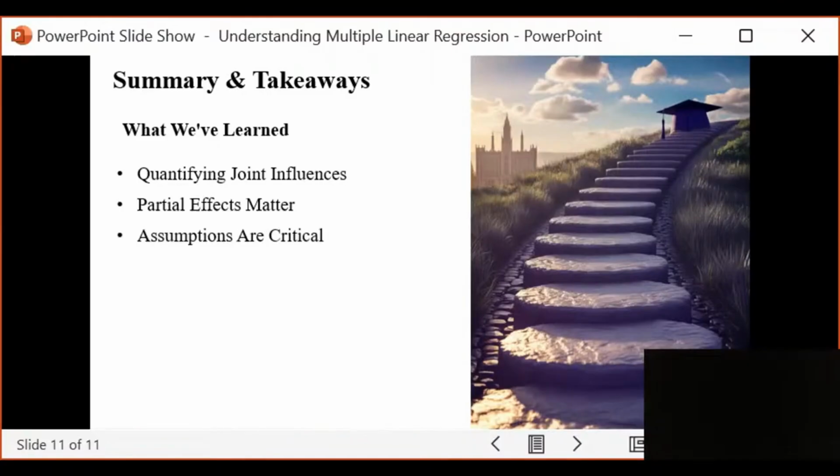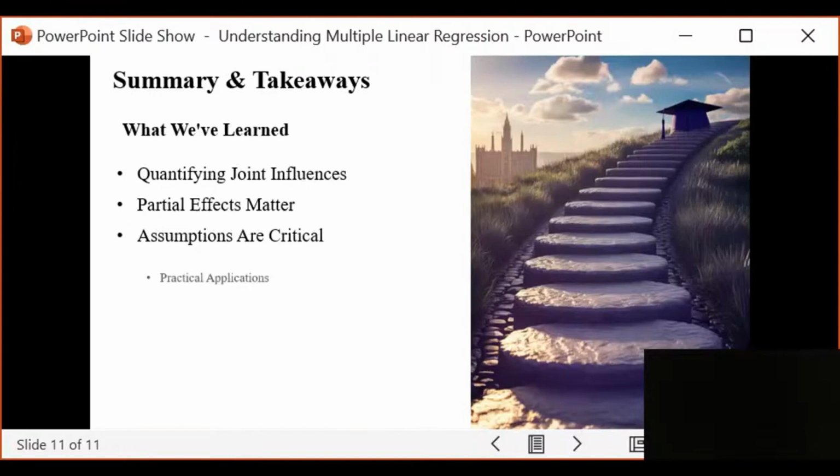And the third one is that assumptions are critical. The validity of our results depends on meeting assumptions like linearity, independence, homoscedasticity, and normality. And of course, ignoring this can lead to misleading conclusions, no matter how significant the p-values may be.